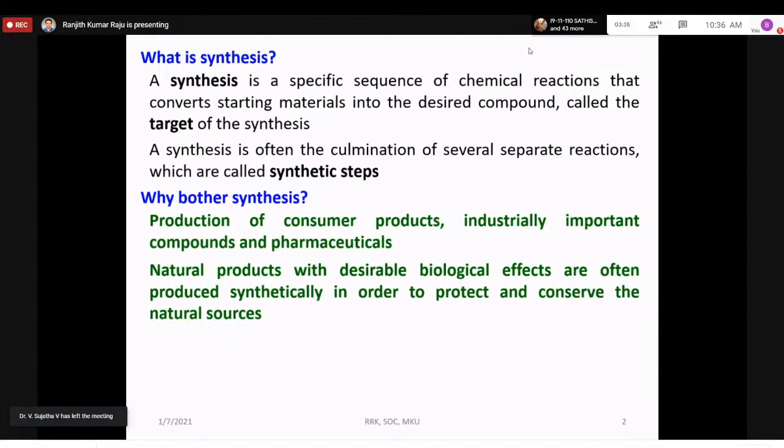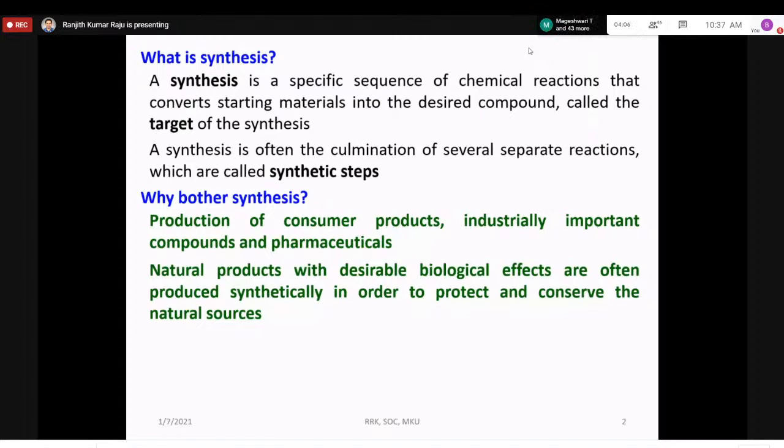if you are a natural product chemist, then you identify that some extract from a natural source, maybe a leaf or a flower or even an animal extract, has some activity against some disease. In that situation, you can't depend on that natural source again and again.